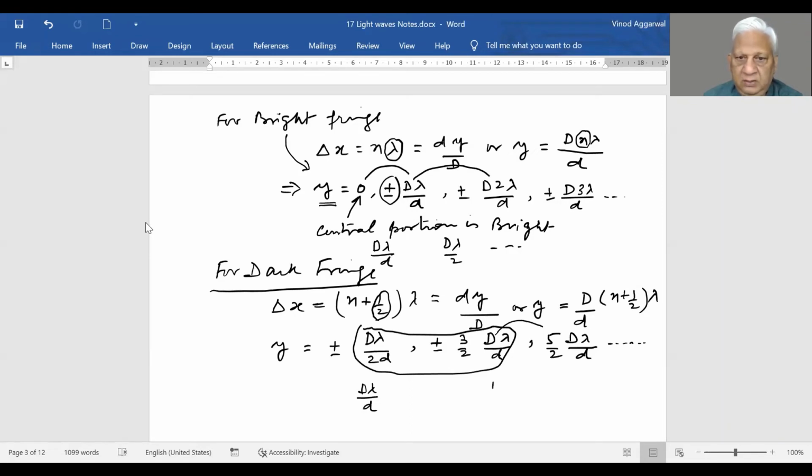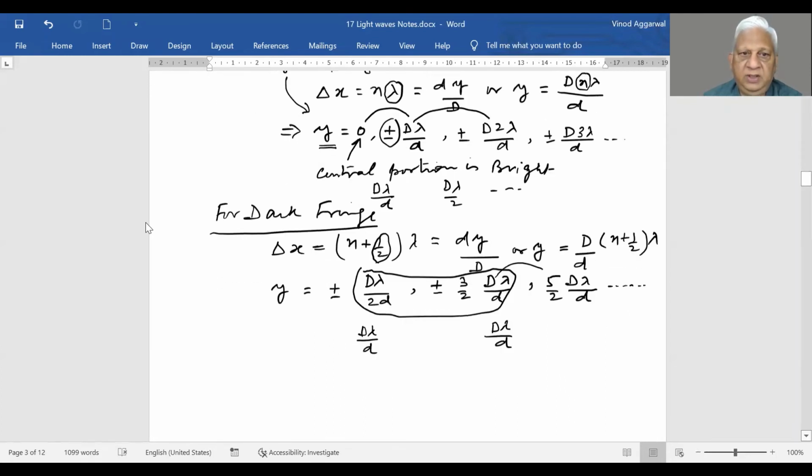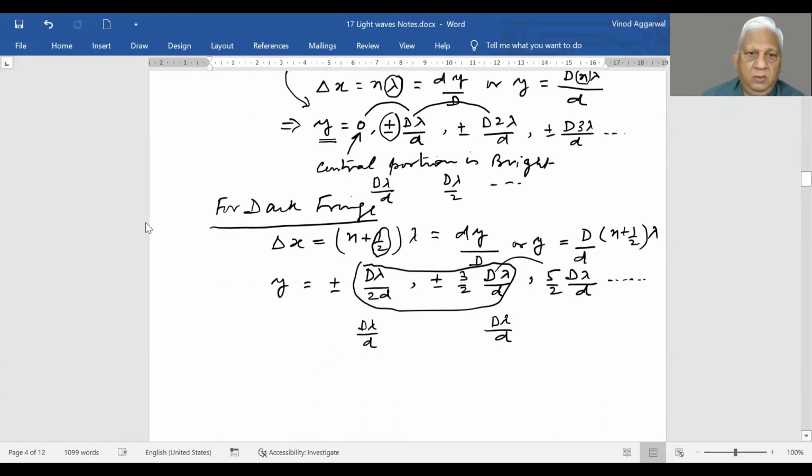Is again. So what we see is, and what is this? This and this? This was distance between two successive bright fringes.